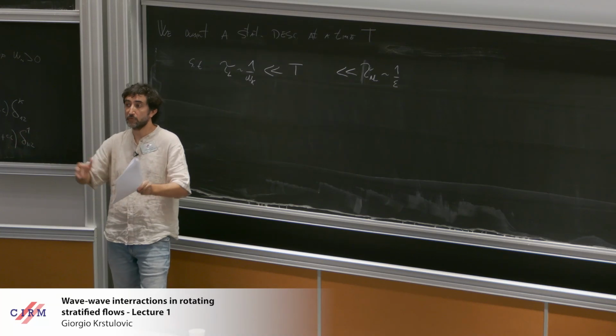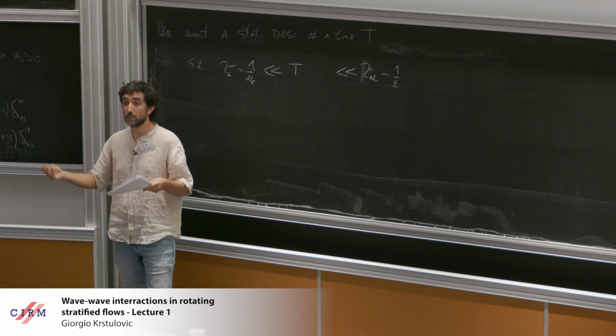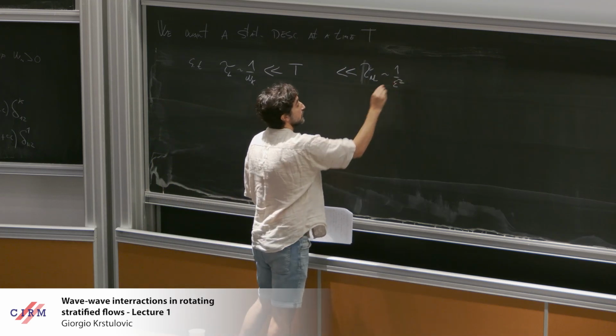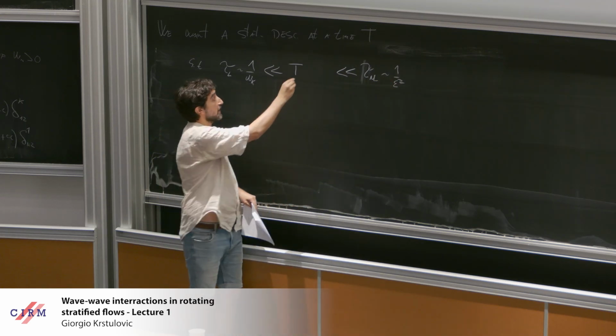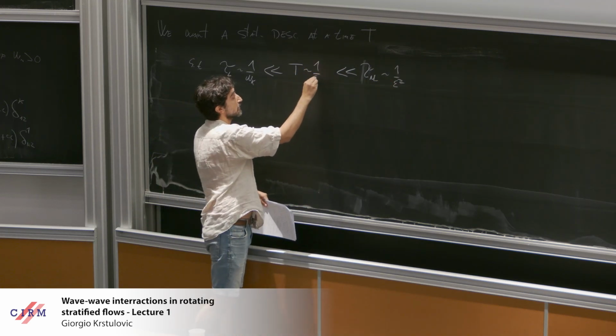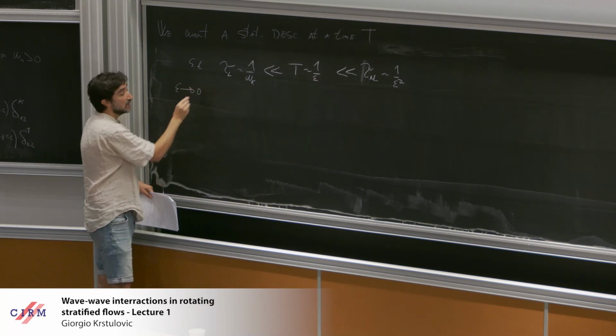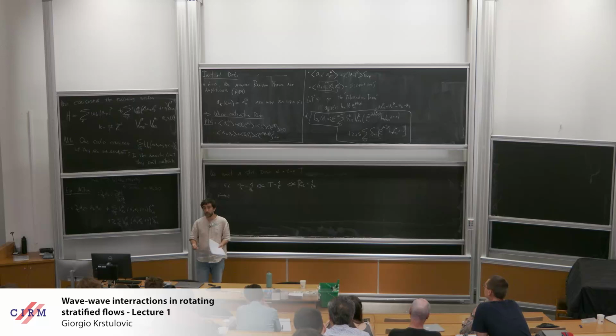So you will need diffusion. It will be the square of this term, which gives you the typical kinetic time of the system. So I will look at times of order 1 over epsilon squared, and then epsilon going to 0. This has to be checked a posteriori anyway, but this is the natural assumption.